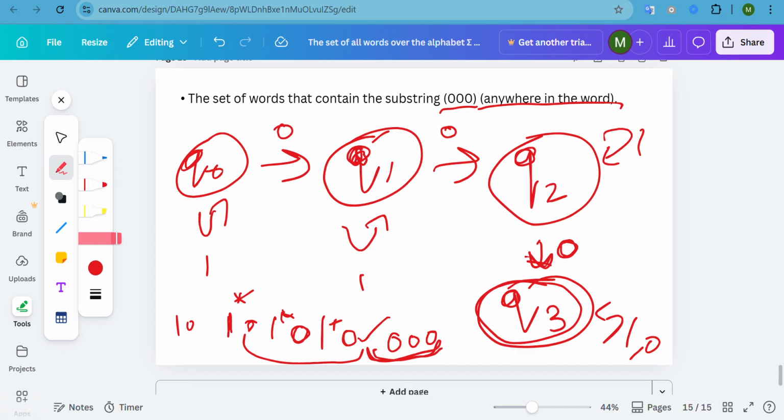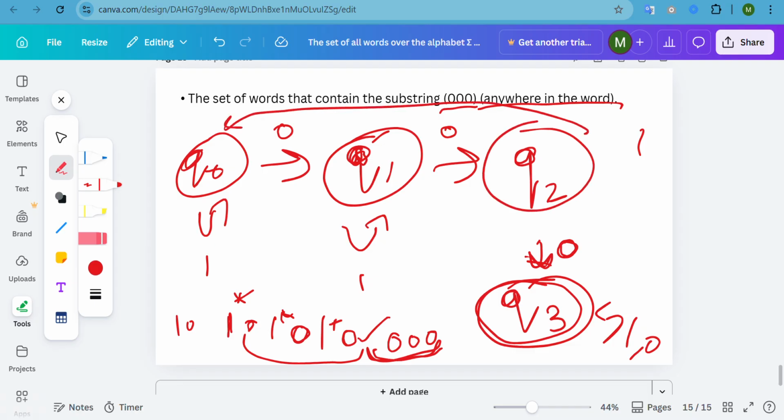We can just go back and read a 1 in that way. If the question wants us to do that, let's do it like this. If it wants us to read a 1 and go all the way back, then we don't disturb the pattern that we are trying to make.